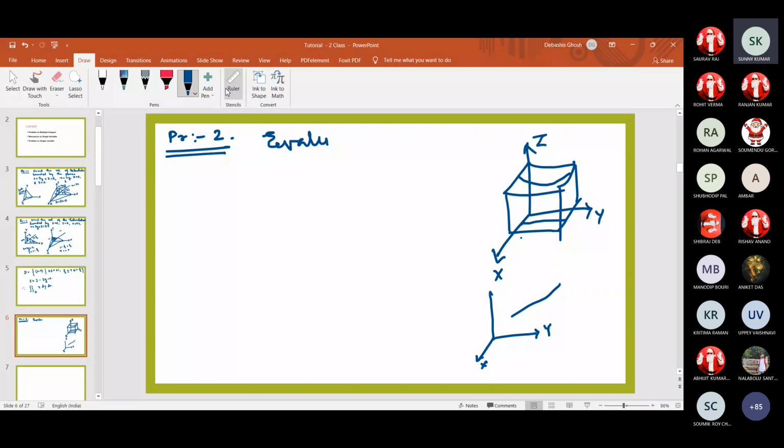You have the limit as x tends to some point A, limit y tends to some point B, and you have the function f of xy. So what we do, we first fix x and then we take the limit for your y. Then after, if that value exists, then we can take the limit with respect to your x. Okay, that is the repeated limit.